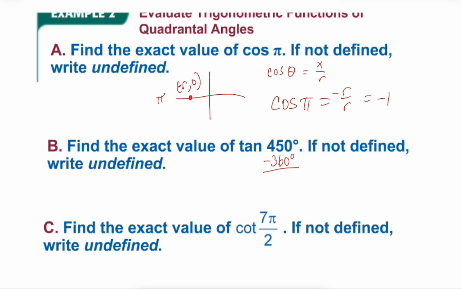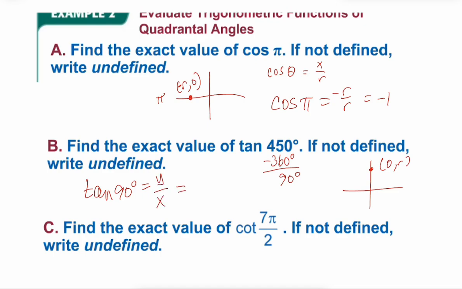Now, 450 is more than 360, so we always need to relate it back to what it's coterminal with. So just subtract off 360. It is the same as 90 degrees. The point at 90 degrees is the point 0, r. Okay. So what is the tangent? The tangent of 90 degrees is the y value over the x value at that location.